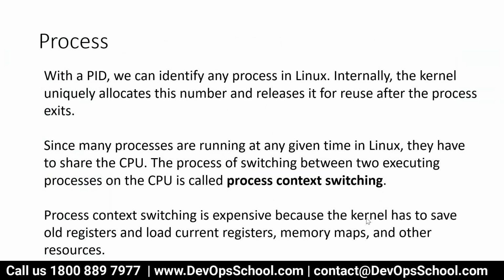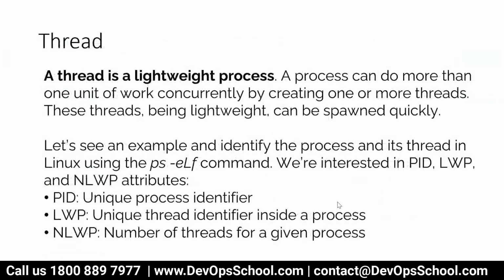But how do we solve it? That is where the concept of thread comes in. So what is a thread? A thread is also a lightweight process, but a process can do more than one unit of work concurrently by creating one or more threads. These threads, being lightweight, can be spawned quickly.